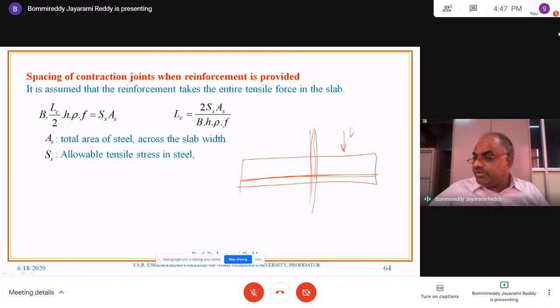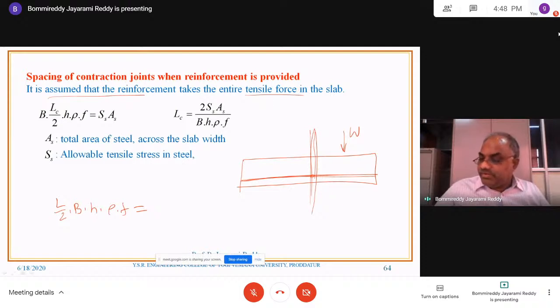So you know this is W. What is the force developed, the resistance? It is nothing but L by 2 B into H into rho into F, which is equal to the entire stresses taken care of by the steel only. That is, it is assumed that the reinforcement takes the entire tensile stresses in the slab.